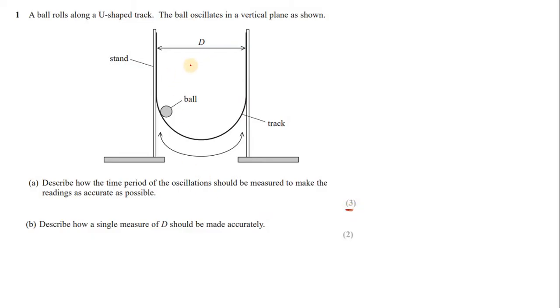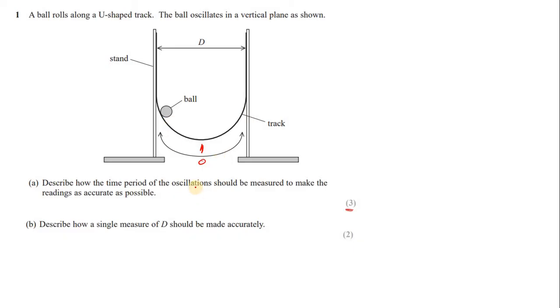If you see the diagram, in order to find accurate time, first of all, we need to have some position with reference to which we can start or stop our stopwatch. So we should measure the center point, and we can take this center point as a reference point, and then we measure the time for more than one oscillation.